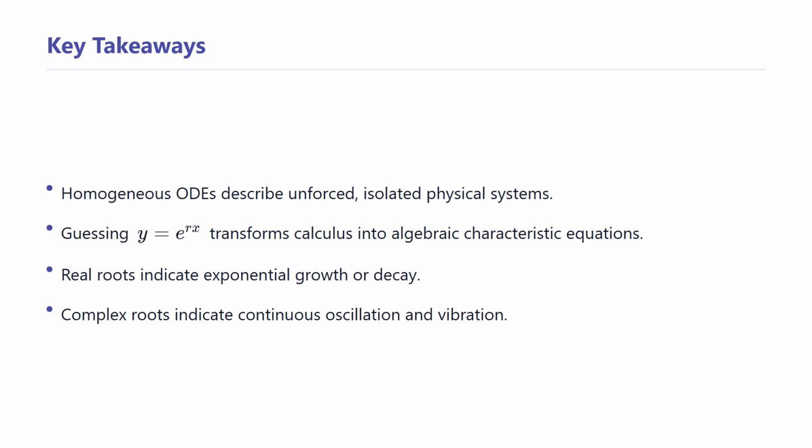Finally, the roots of that algebraic equation tell the entire story. Real roots mean exponential growth or decay, while complex roots mean the system will oscillate. Mastering this gives you the key to understanding everything from mechanical vibrations to quantum mechanics. Great job today!